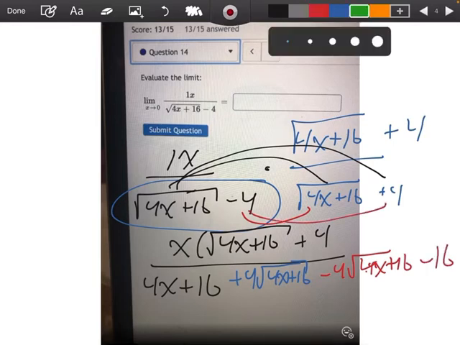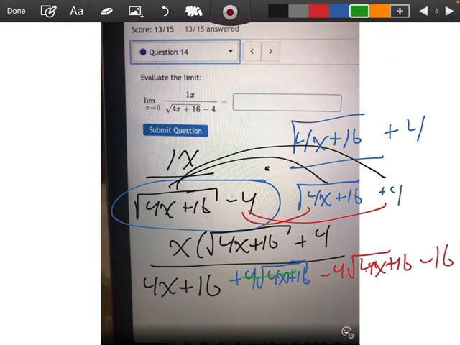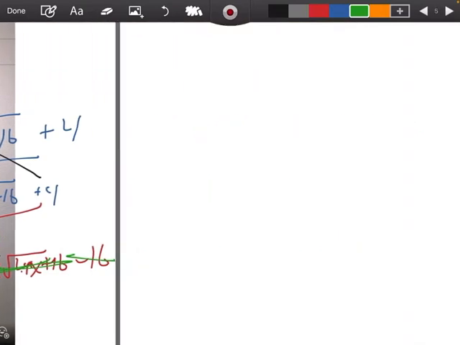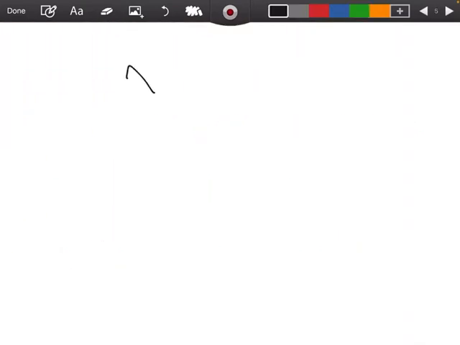So if we do this right, y'all, these pieces will cancel out. And this 16 here is going to cancel with that 16 there. So I want you to think about what I'm going to be left with on the top. On the top, I have an x and a square root of 4x plus 16.